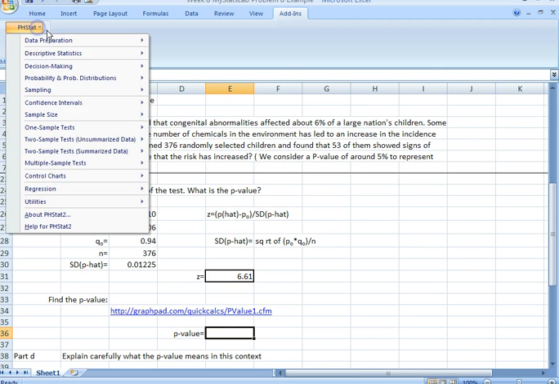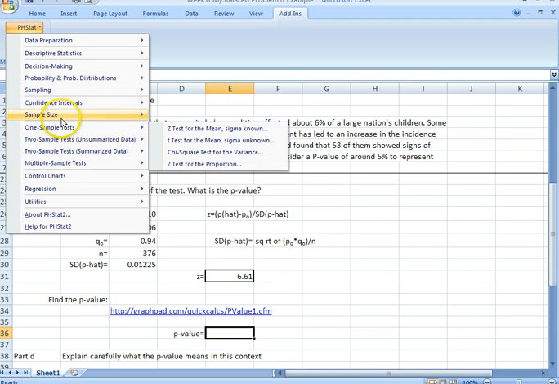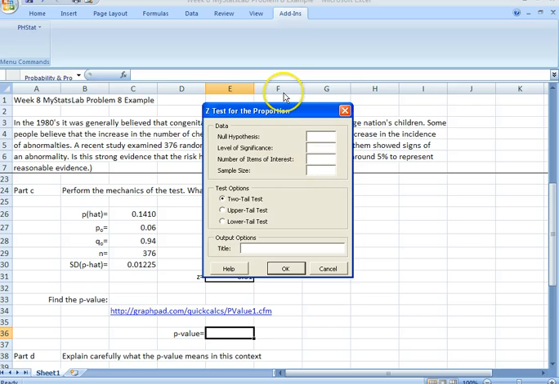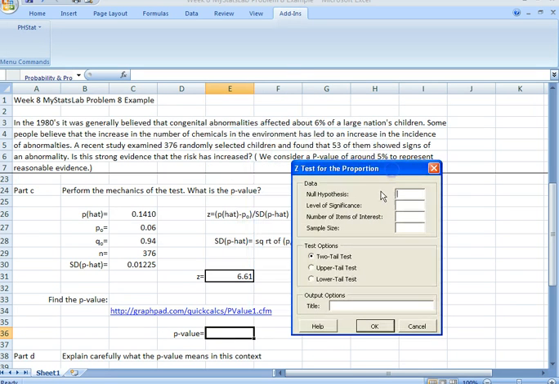Our null hypothesis, as we know, is 0.06.